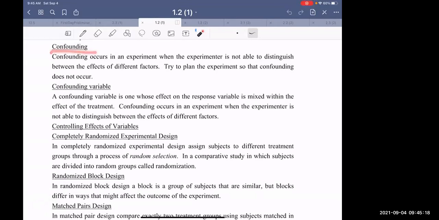Confounding. Confounding occurs in an experiment when the experimenter is not able to distinguish between the effects of different factors. You try to eliminate confounding through proper experimental design.